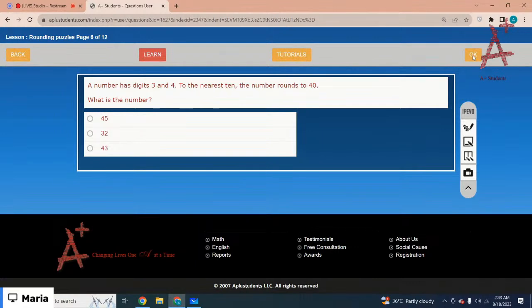A number has digits 3 and 4. To the nearest 10, the number rounds to 40. So which is the correct option?